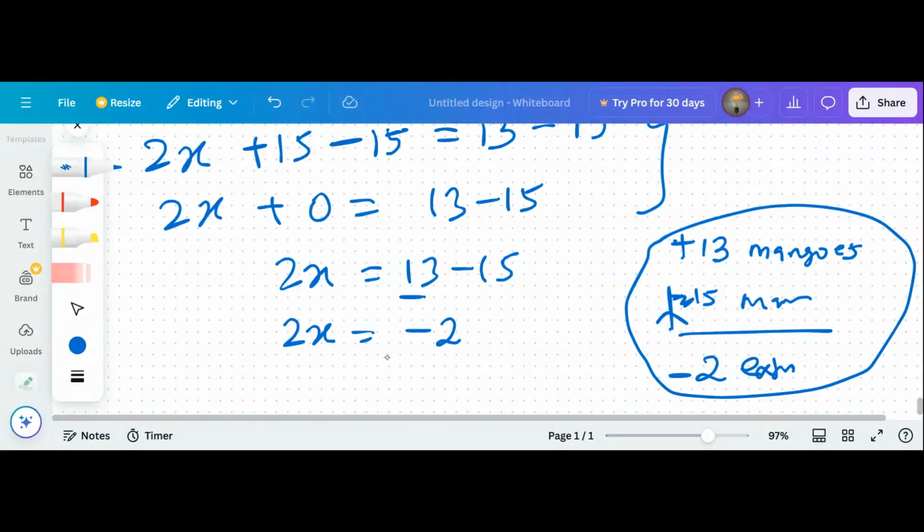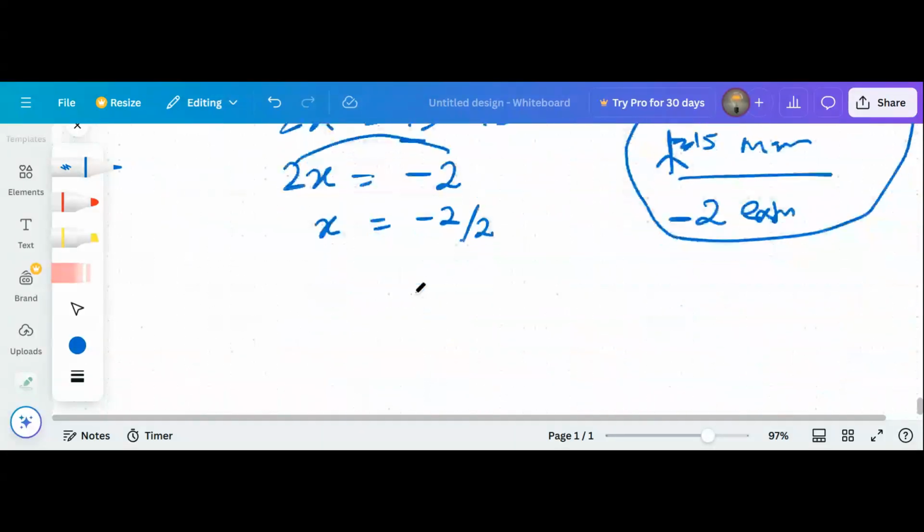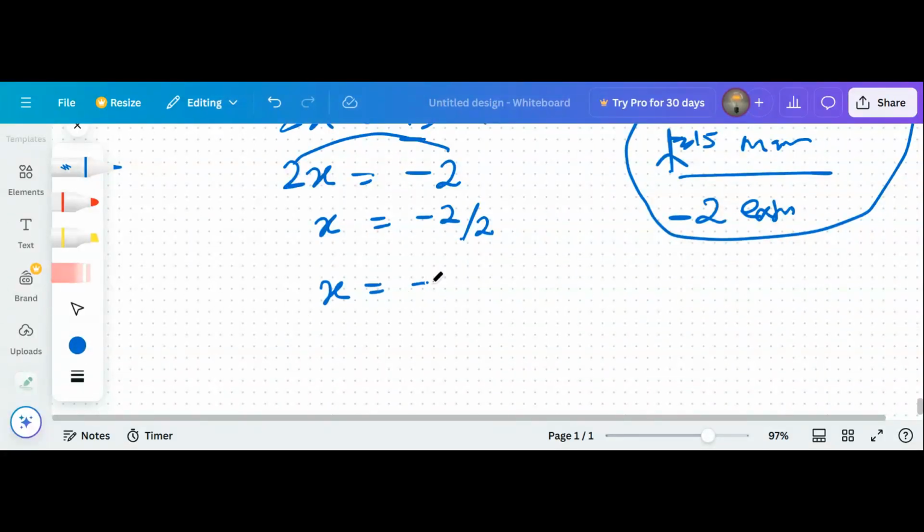So 2x is equal to minus 2. So what will x be? Here 2x is equal to minus 2, so x is equal to minus 2 divided by 2, because x is getting multiplied by 2. If you take this to the other side, it will get divided. So minus 2 divided by 2 is minus 1.